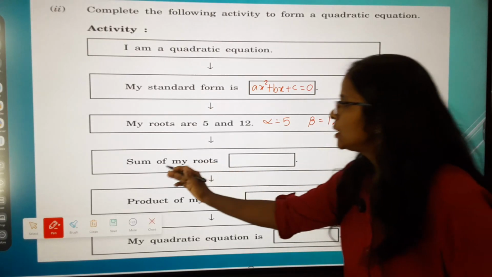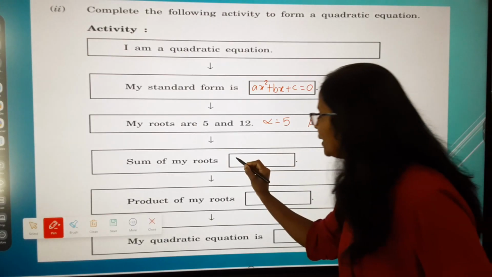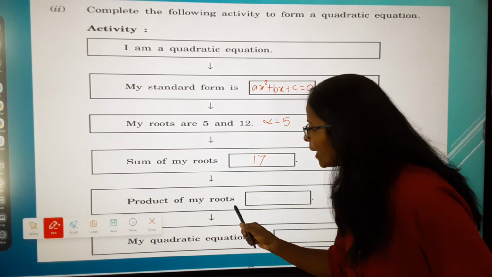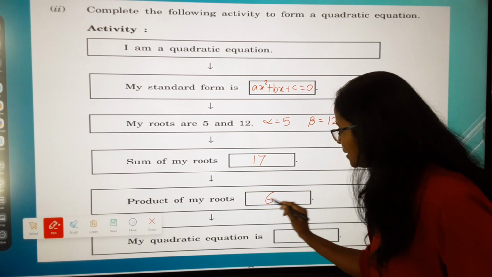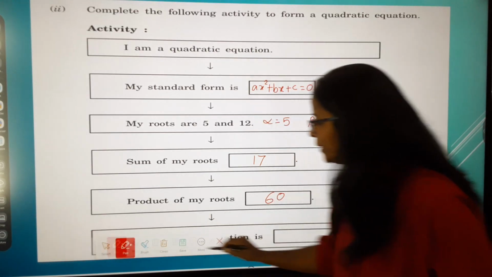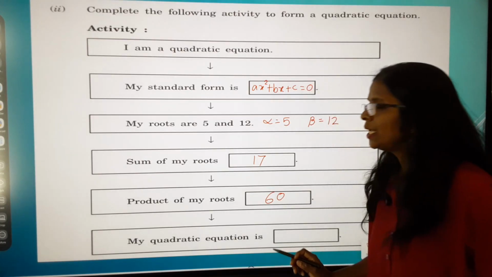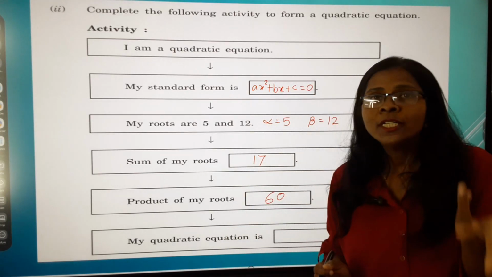So now here sum of my roots, that means 5 plus 12, that is equal to 17. Product of my roots, that is the product of 12 and 5, that is 60. Okay, and then the last one, my quadratic equation is, yes, you have to form the quadratic equation. So what is the formula?